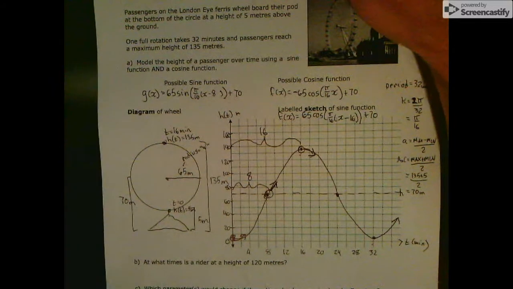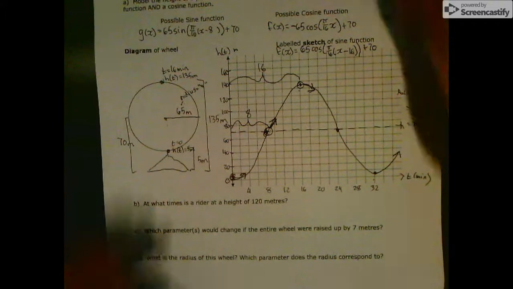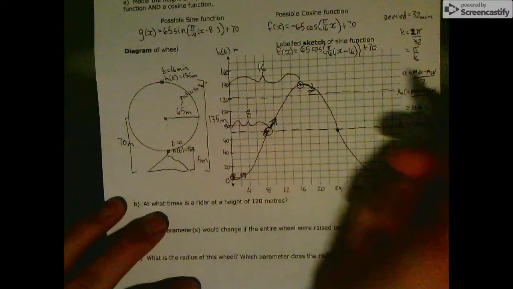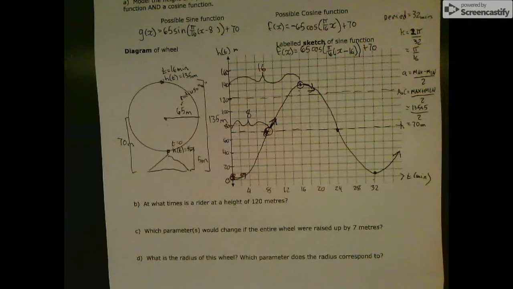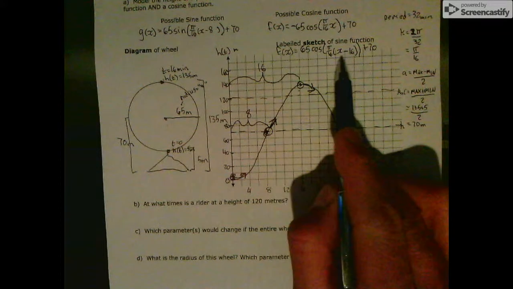Now we can use the graph and the functions to answer the questions below. At what time is the height 120 meters? So here's 120 meters. My graph is a little off, but I could also take 120 and substitute f of x for 120, solve for x.